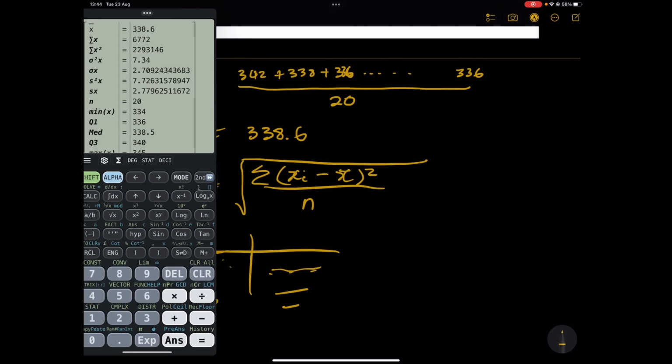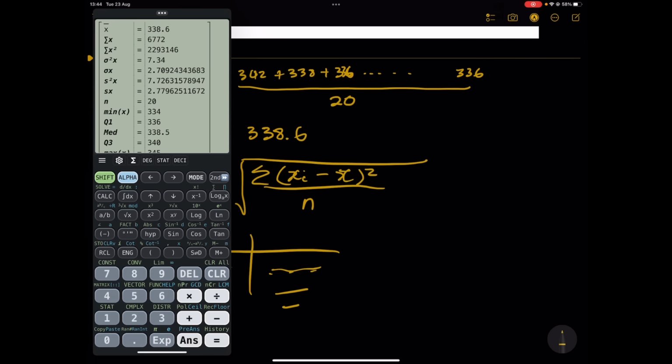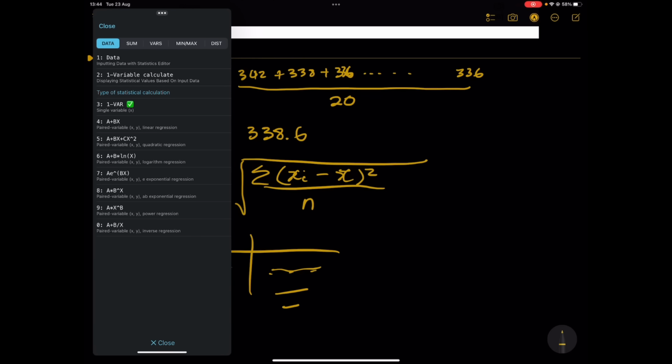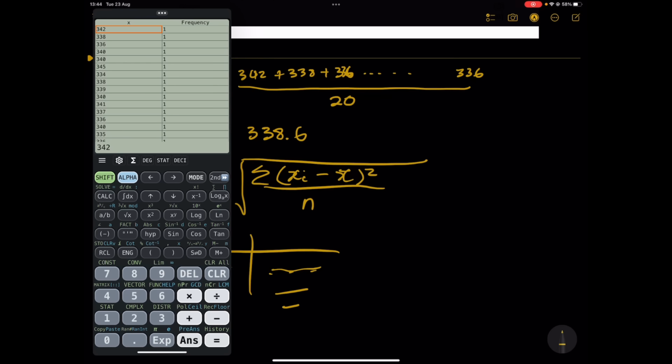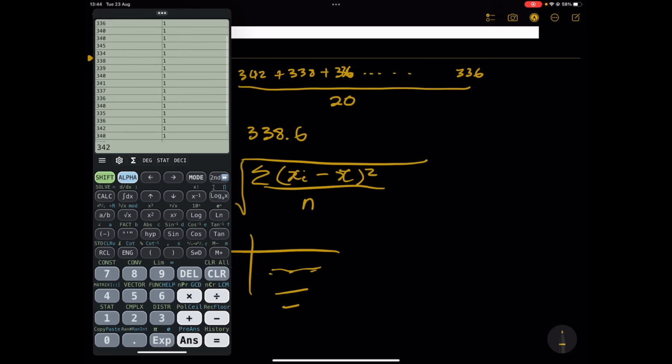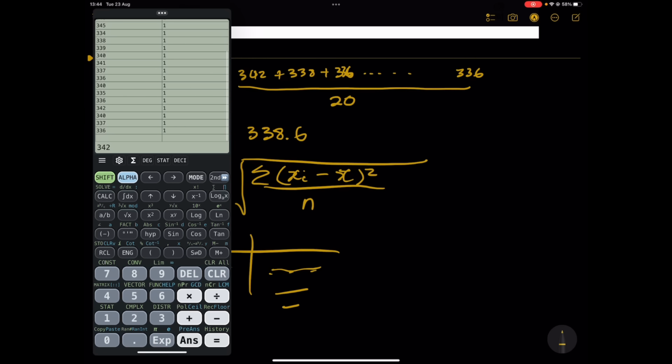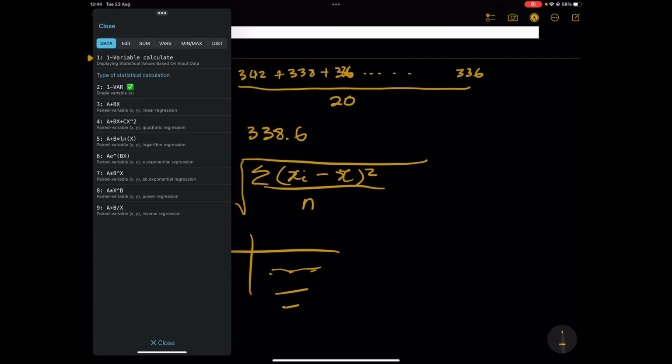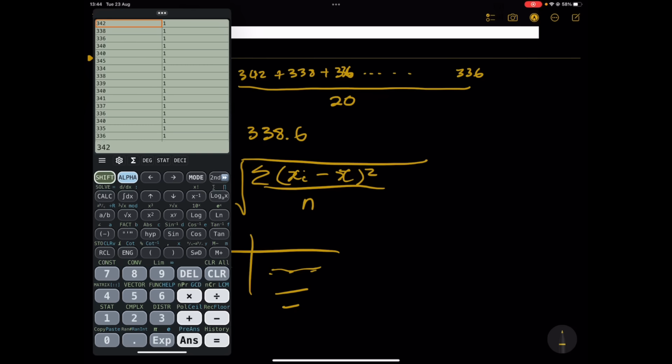Okay, so when I did it through the calculator, I cheated just a little bit. I've already put in all my data values. There they are, 342, 338, all the way up until 336, the last one. And then I'm finding my answer.